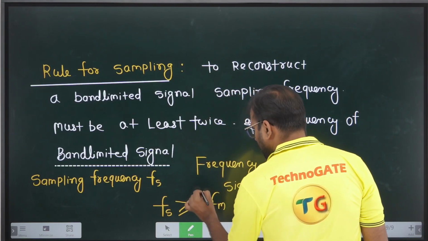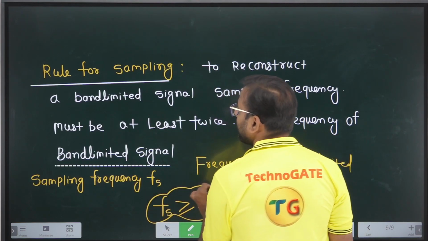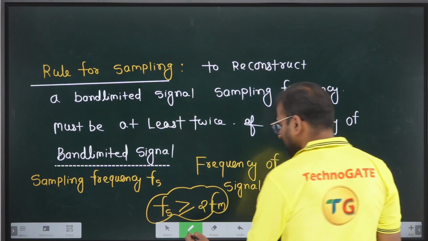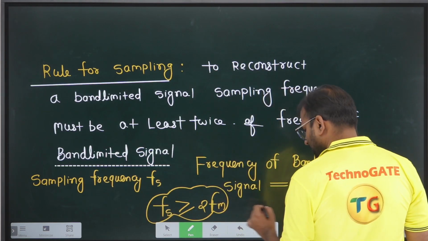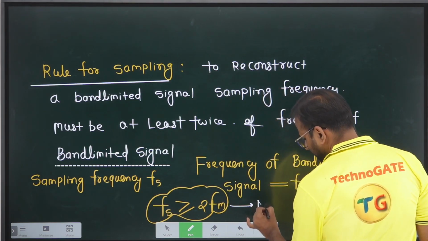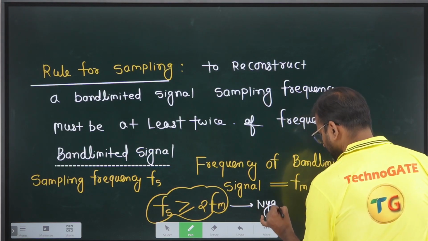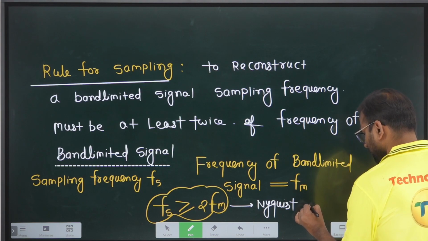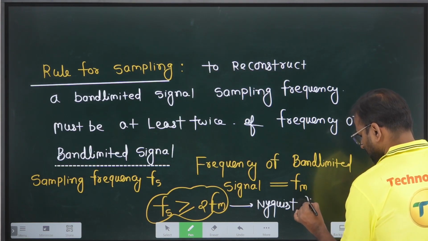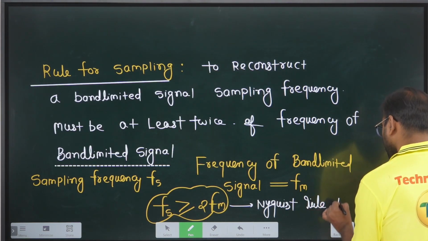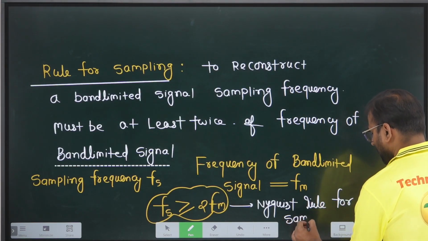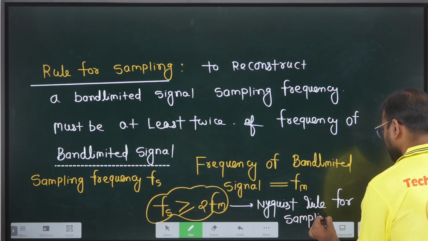This is known as the rule for sampling, also known as the Nyquist criterion or Nyquist rule.